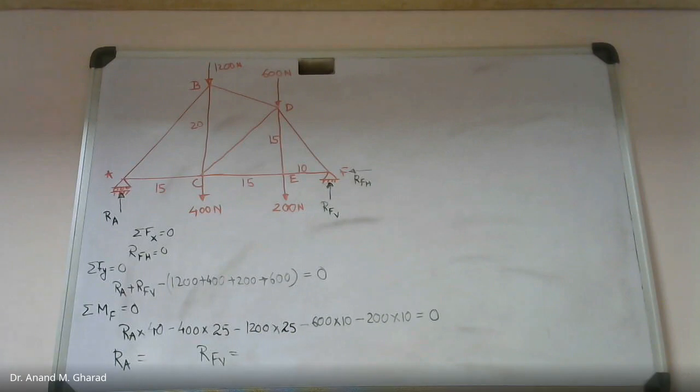How much is RA value? Is it 1200 Newton?